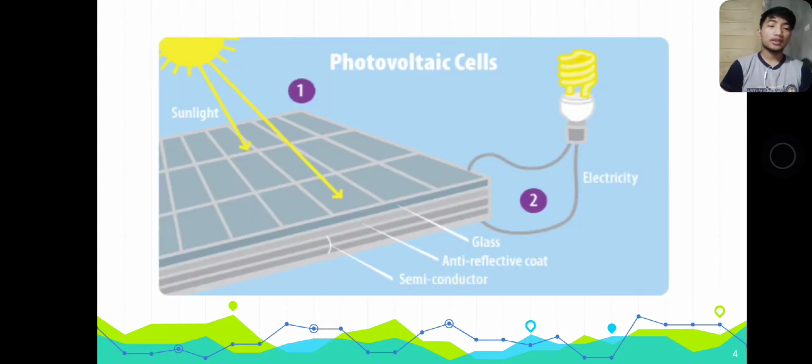Para mas maintindihan natin what is photovoltaic technology, here is the illustration. So, yung sun tatama sa solar panel and then magkakaroon na ng electricity.